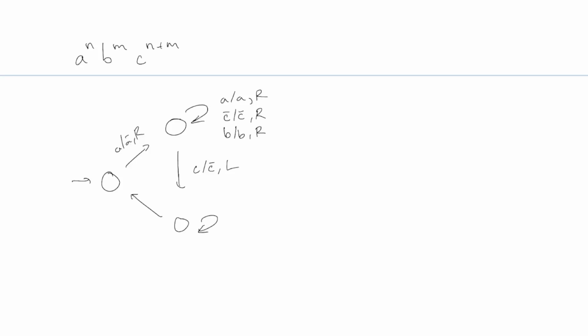That is, I should move back through other marked C's, C bars, other B's, and other unmarked A's. I'm looking for a marked A bar, R, and that is my signal that I went back far enough. Move one more step to the right, and we should be looking at an unmarked A.